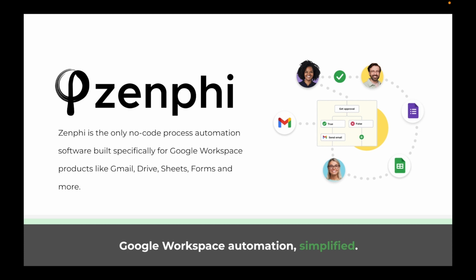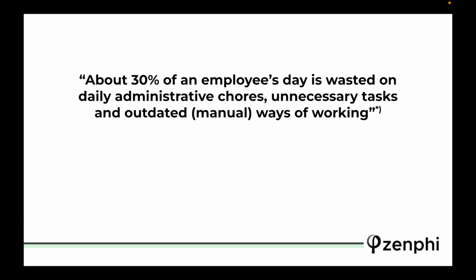At Zenphi, we're absolutely sure that automation is the best solution if you're looking for ways to improve team productivity. And believe it or not, about 30% of an employee's day is wasted on unnecessary, manual, mostly administrative tasks. It was a global study carried out by OnePoll.